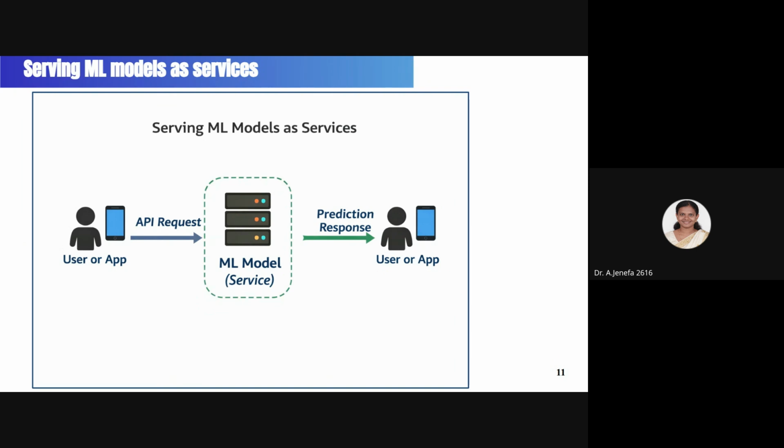The model is deployed on a cloud platform so that it will provide a service for all the users and allow all the users to send requests. Based on the access permission and the usage permission, the user will be allowed to use that service of the model deployed on a cloud platform.